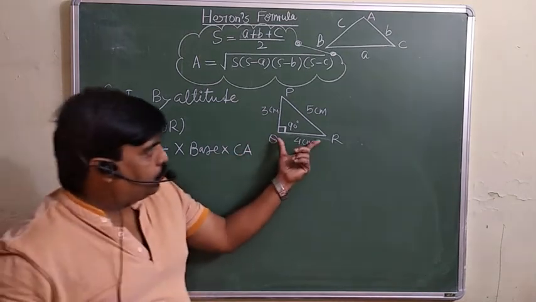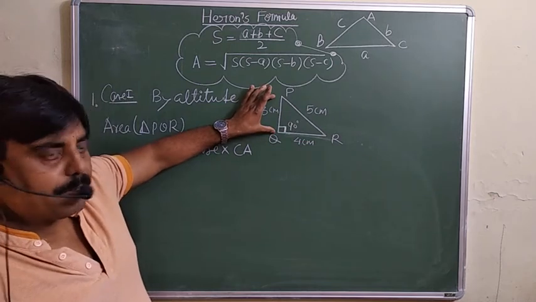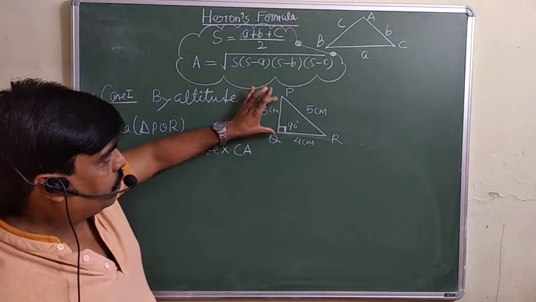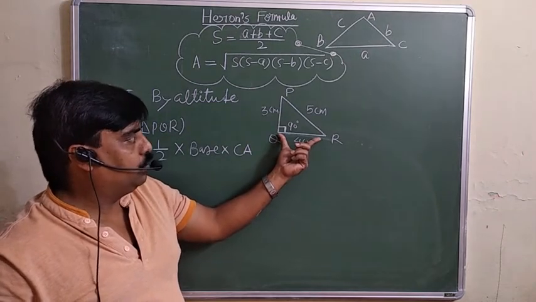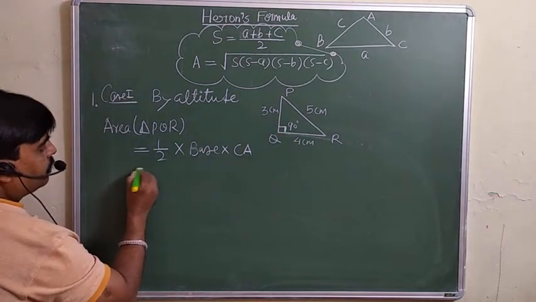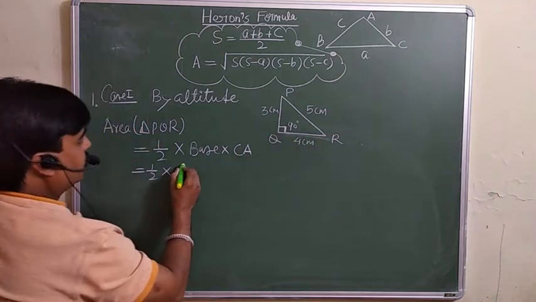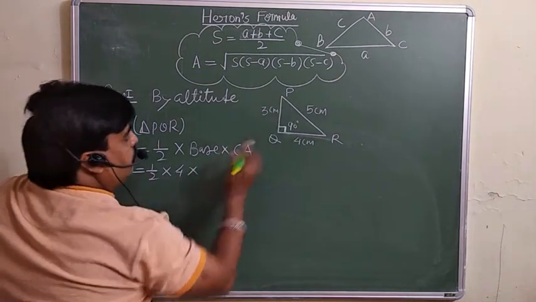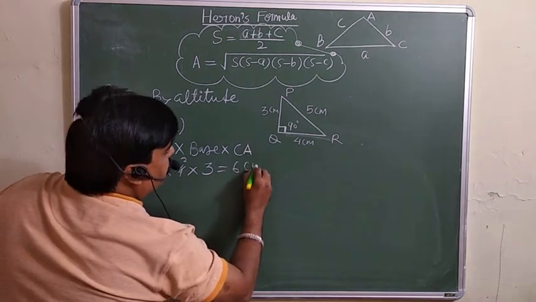Suppose you take QR as the base, then PQ will work as the perpendicular because they are at 90 degrees. If you take PQ as the base, then QR will work as the perpendicular, that is the altitude. So if we apply this, 1 over 2, taking QR as the base, that is 4, and the altitude will be 3. So 2 into 3, that is your 6 centimeter square.